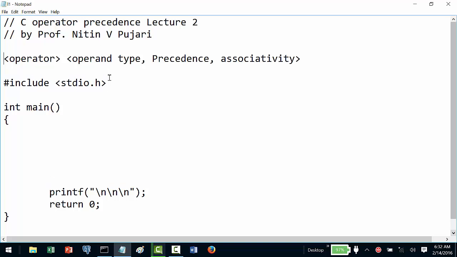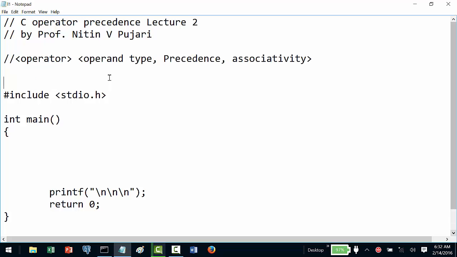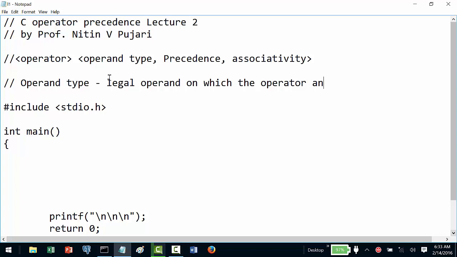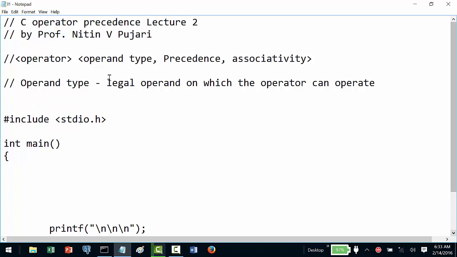So what is the meaning of an operand type? If you look at the operand type, the operand type has to be a legal operand on which the operator can operate. This is important. We'll see each one of them later.